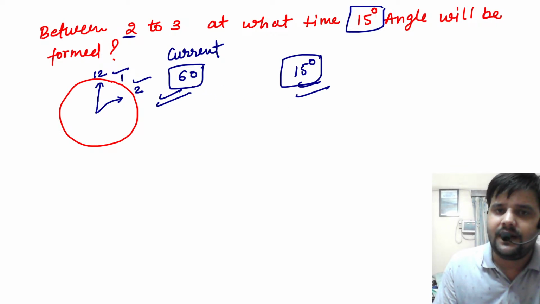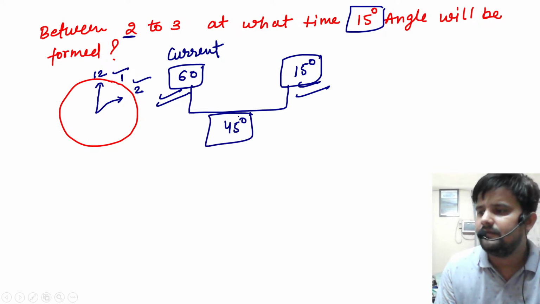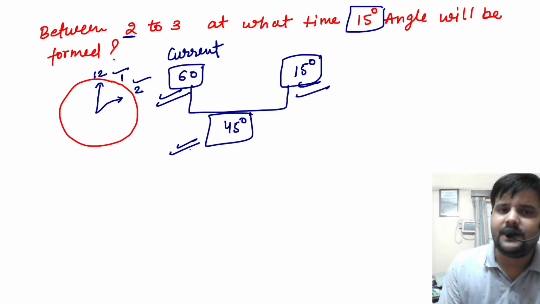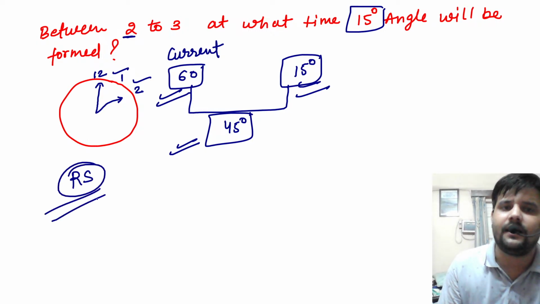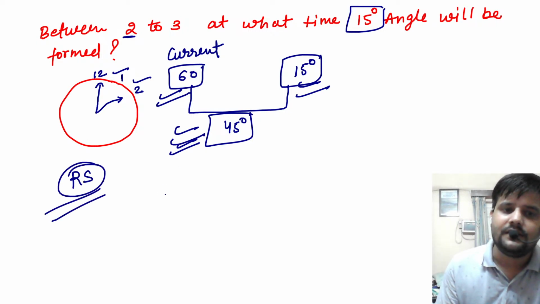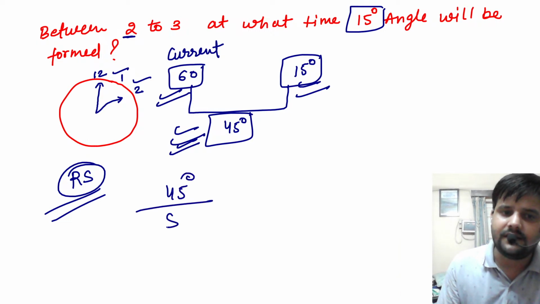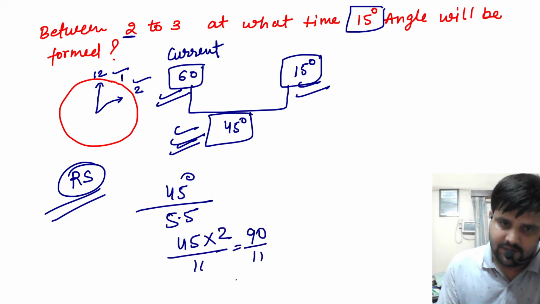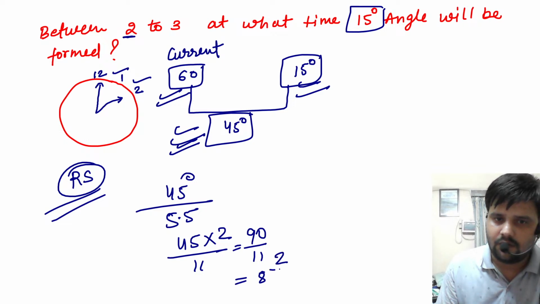You need to cover 45 degrees. At what speed? You will use relative speed only. Your distance is 45, your relative speed is 5.5. So your answer will be 45 into 2 by 11, which is 90 by 11, which means 8 whole 2 by 11.